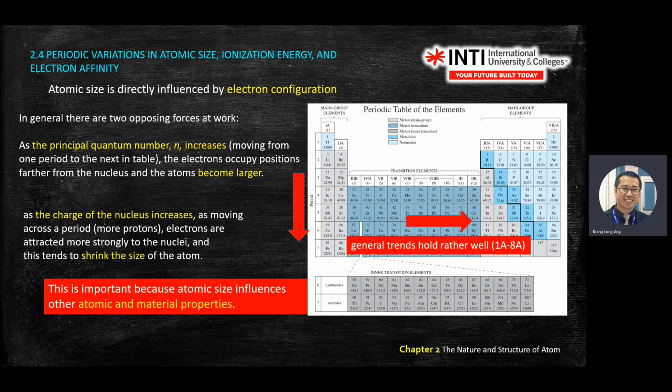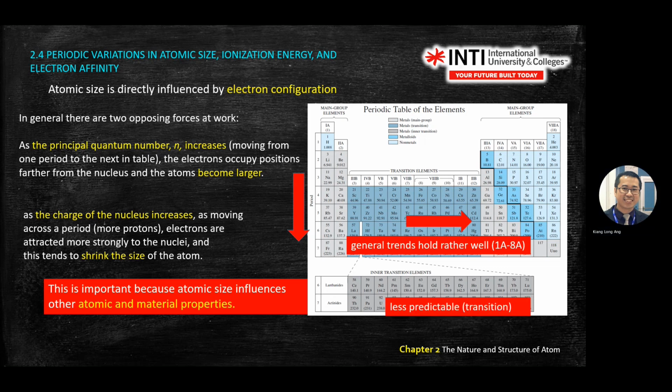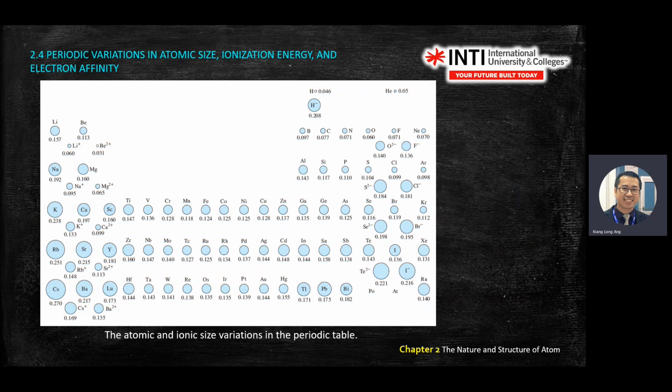We are not sure of their size, like just now the example of titanium, because of the D section, the D electrons. The bottom ones, the inner ones, are less predictable, meaning all these are non-predictable. Okay, so these are the qualitative diagrams for the elements. You can see them from the periodic table also.